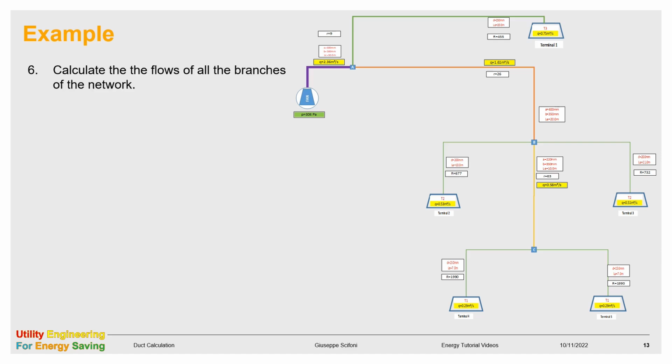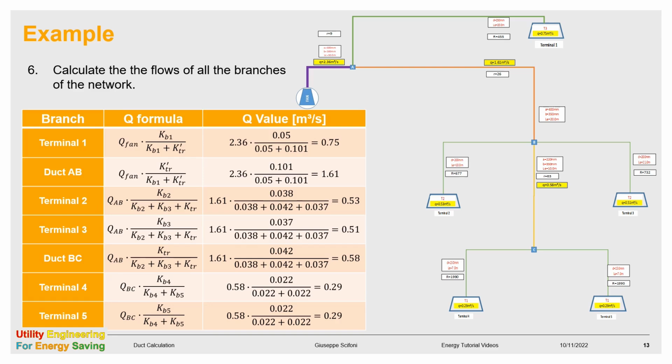Now we need to find the flows of all the branches of the network, and for doing that we use the formula displayed on the left column of the table. The value is displayed on the right side. We have done this for every terminal and also for the duct branches AB and BC. The values are also displayed in the flowchart at the corresponding positions.